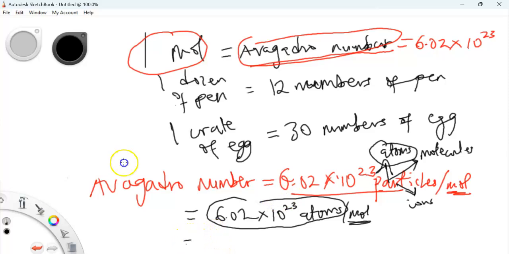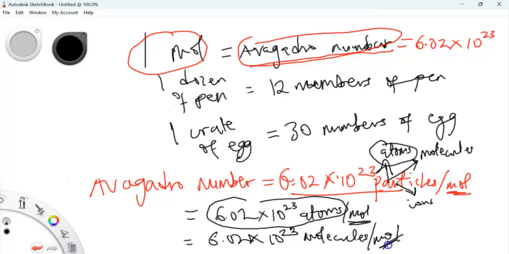Or you can say in every mole, these are the number of molecules. That is 6.02 times 10 to the power of 23 molecules per mole. It means that in every mole, these are the number of molecules that are contained there.